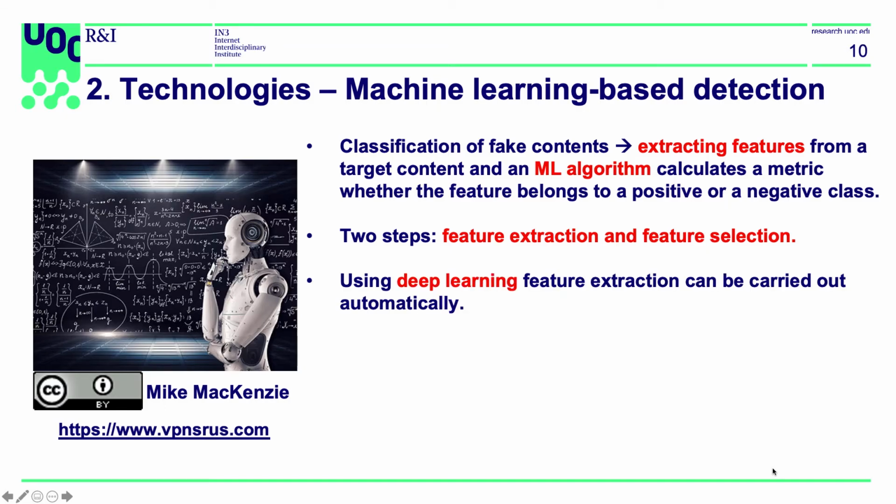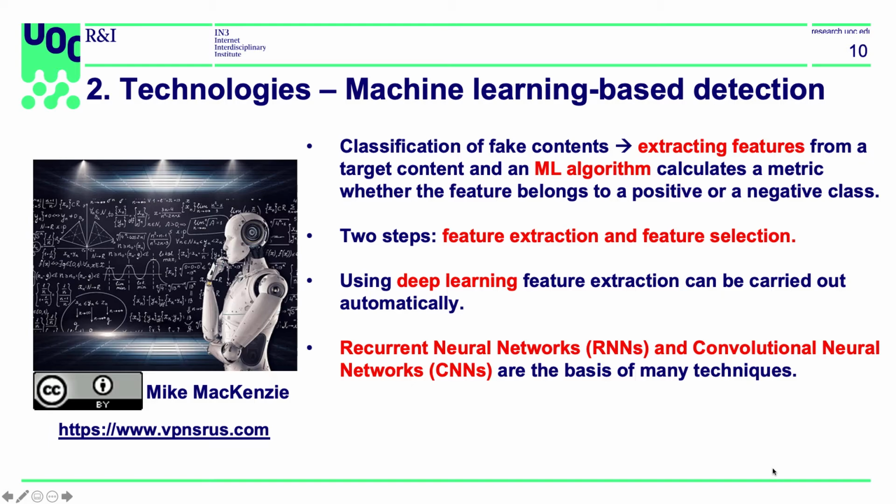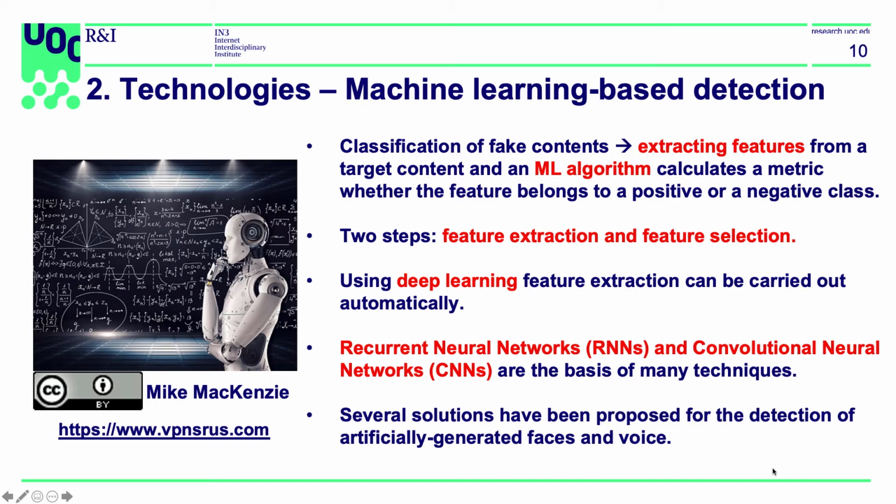We plan to use deep learning in such a way that feature extraction can be carried out automatically, which will be more efficient. Regarding the machine learning algorithm for classification, nowadays recurrent neural networks and convolutional neural networks are the basis of many techniques, and several solutions have already been proposed for the detection of artificially generated faces and voice.